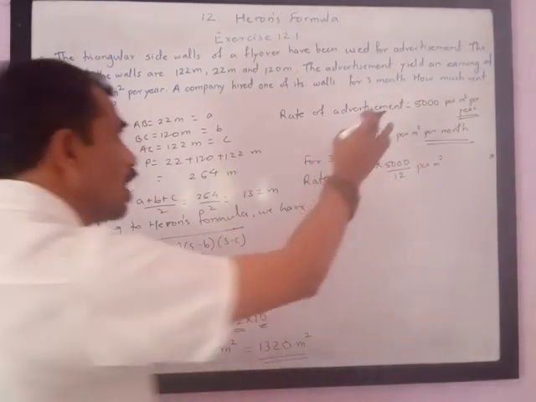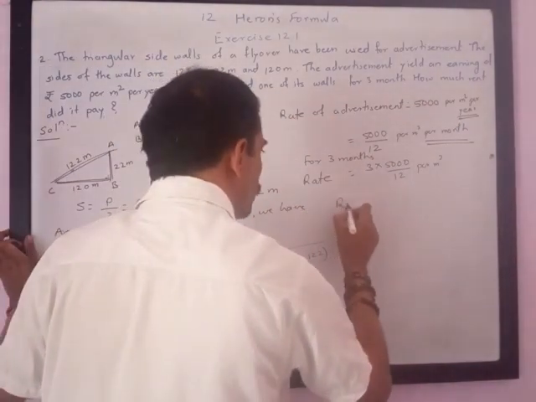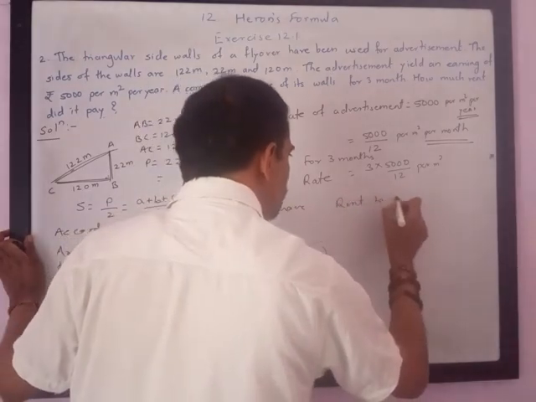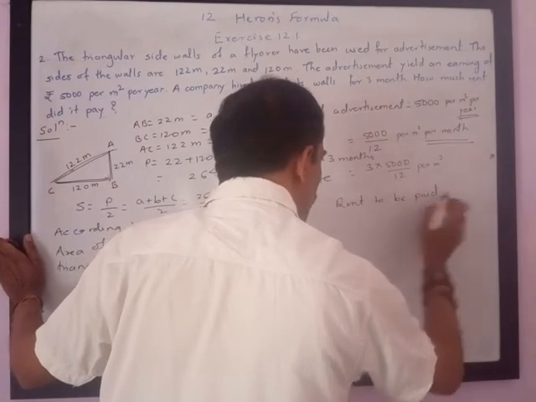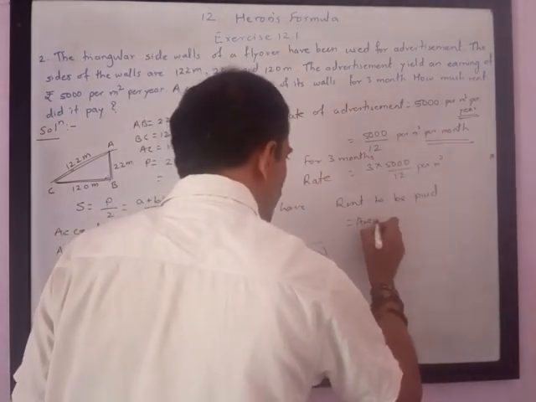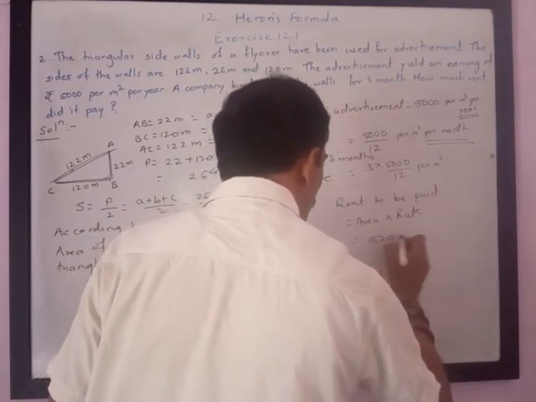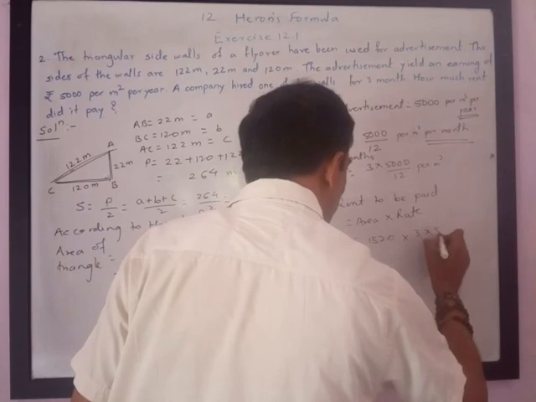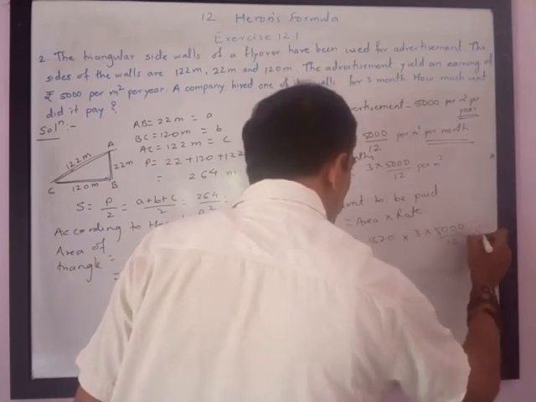So total, how much rent did it pay? Rent to be paid is equal to area multiplied by rate, that is equal to 1320 multiplied by 3 multiplied by 5000 upon 12 rupees.